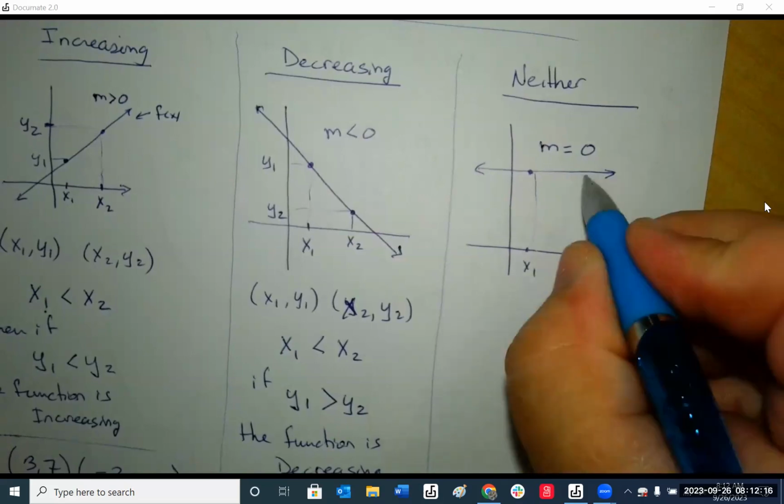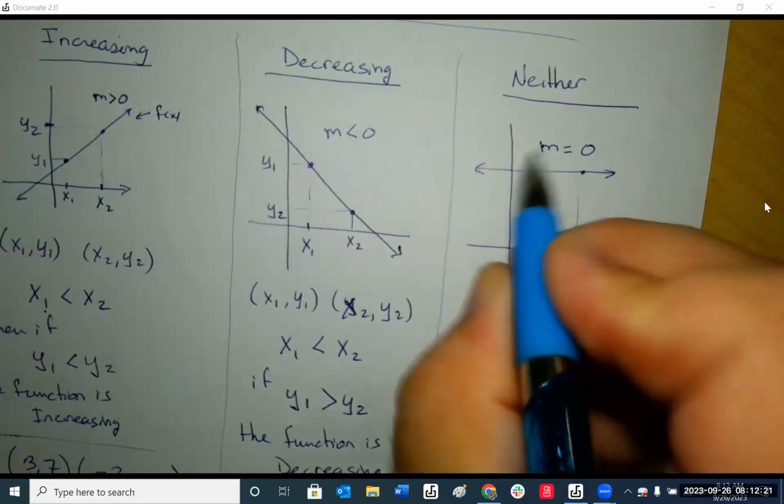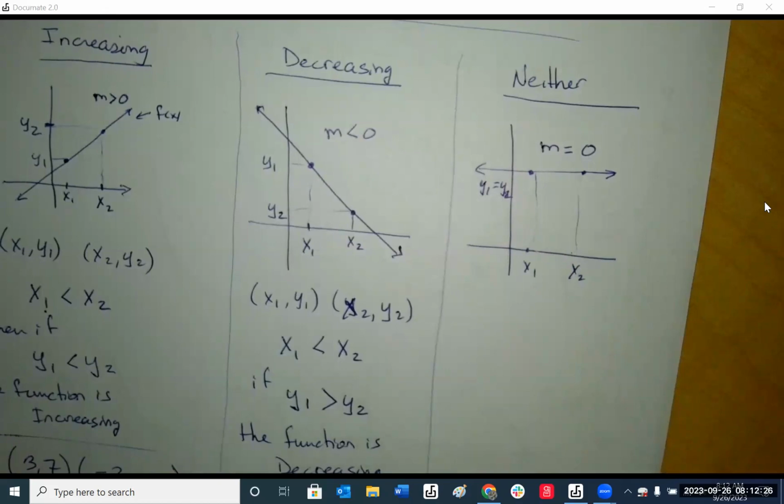So no matter what 2 points you pick on the graph, y1 equals y2.